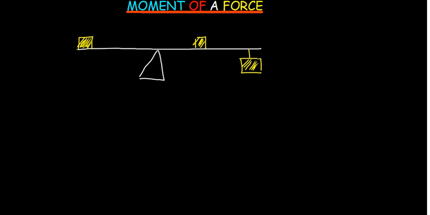Now what we are taking here is, whenever you are dealing with moments of forces in the equation. Before I even talk about that, let's say this object is 50 kg, this one is 20 kg, this object which is suspended here is 10 kg. This is the 1 meter rule.